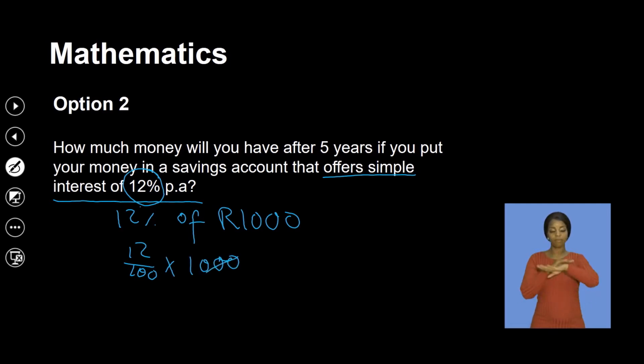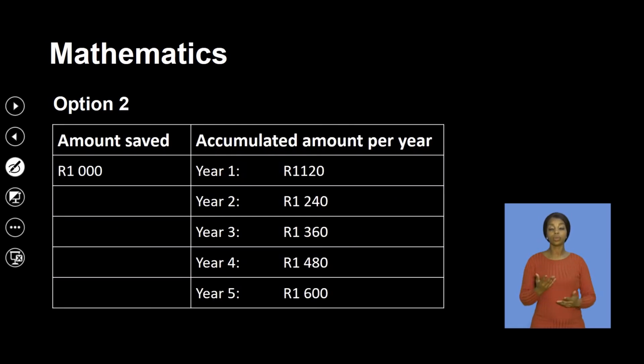And this will then give me 120. So it means, since it's a simple interest, remember simple interest has to do with a straight line. So each and every year, you are adding the same amount of money in the bank or in your savings account. So in great detail, this is how it will look like.